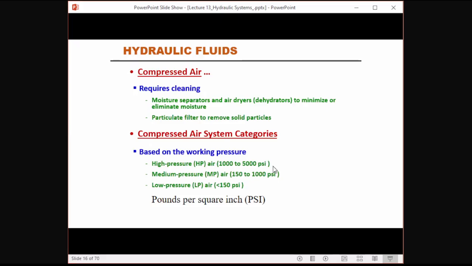When you increase car tire air pressure in a garage or in a tire center, you can measure this car tire pressure using PSI value. 32 psi, 35 psi, likewise you can measure using their measuring device.